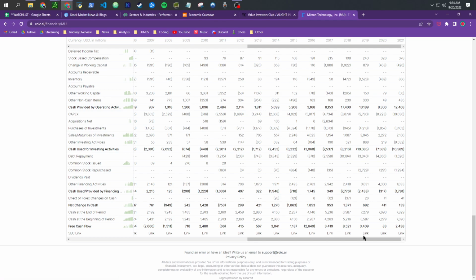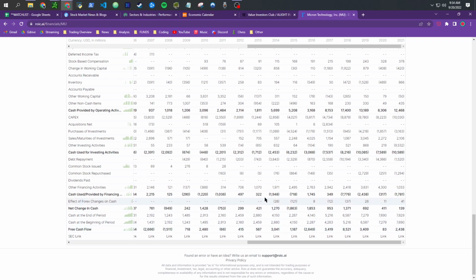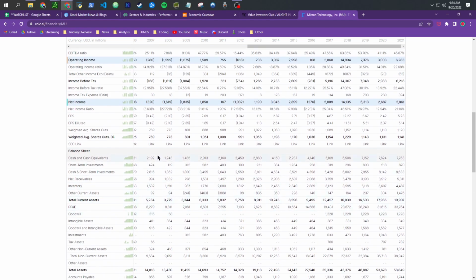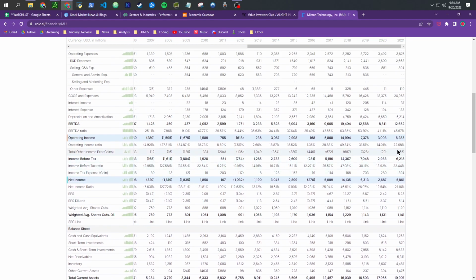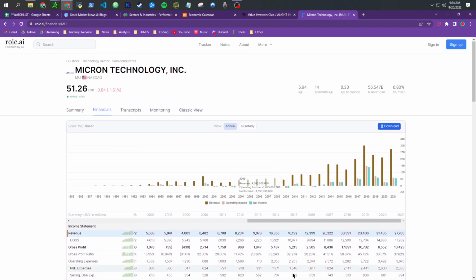If this is such a damn good value play, are they going to continue making this level of profits? Is operating margin going to remain this high? Maybe it goes up to this 49%, for all we know. But if it goes down to 14%, for example, or 1%, now how cheap is the stock?